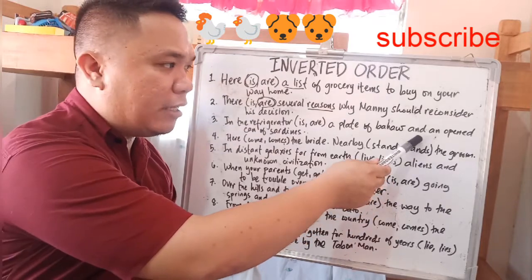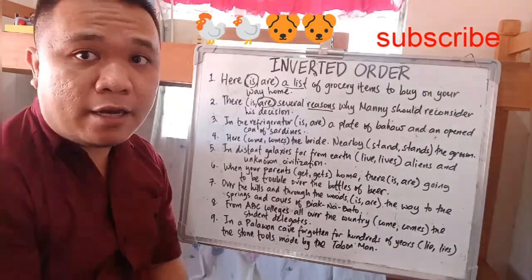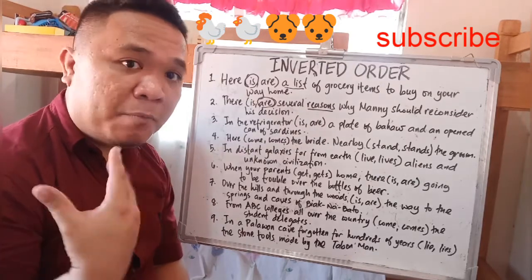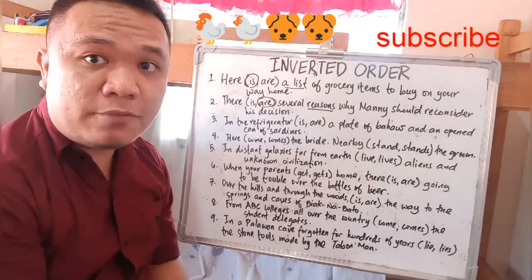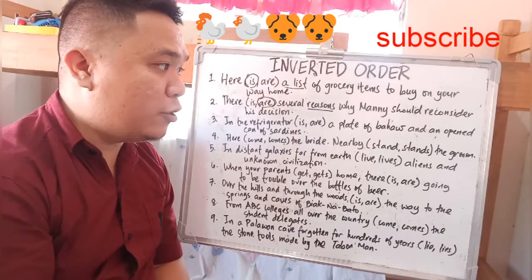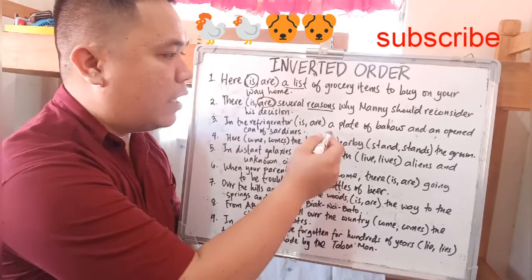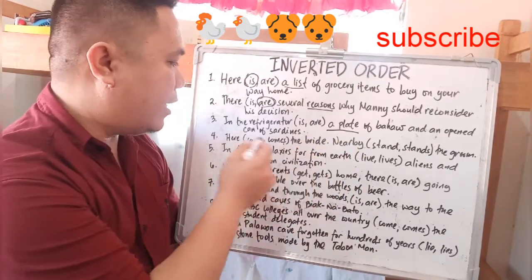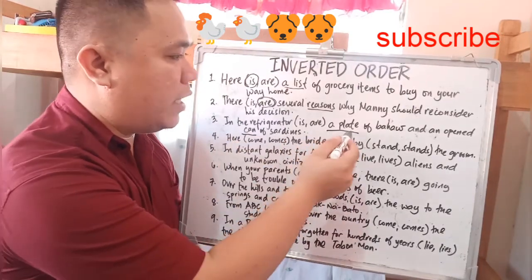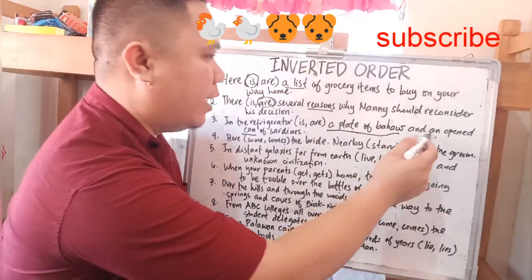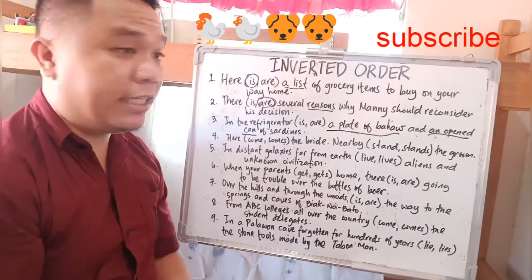And now as you can see here, there is the conjunction and, known as a coordinating conjunction. In my previous video, we talked about compound subjects, which are joined by and. So our subject is a plate and an open can. To make a complete subject, we have a plate of bahaw and an open can of sardines.